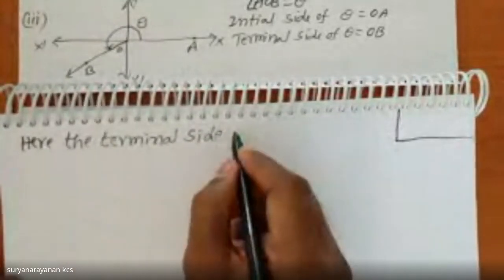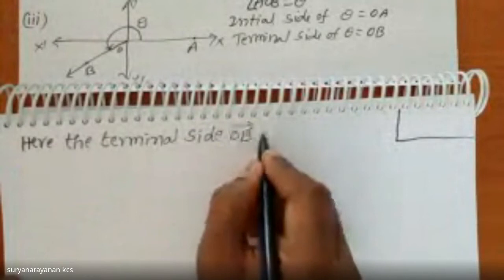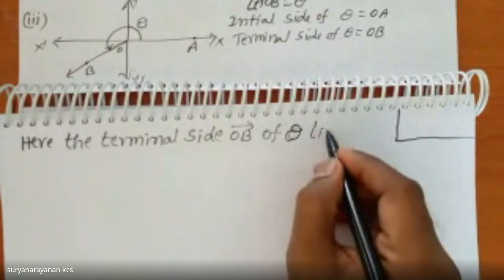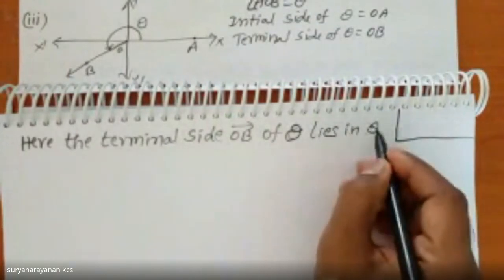Here the terminal side OB of theta lies in Q2, second quadrant.